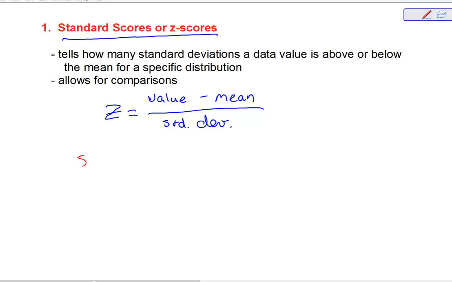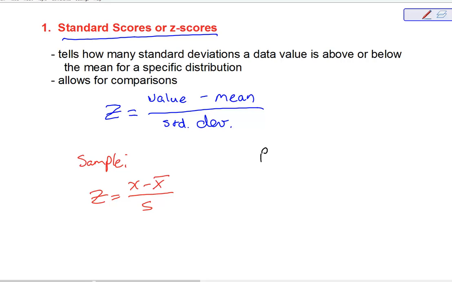So for a sample, we have that z is equal to x minus x bar, which is the sample mean, divided by s, which is the sample standard deviation.